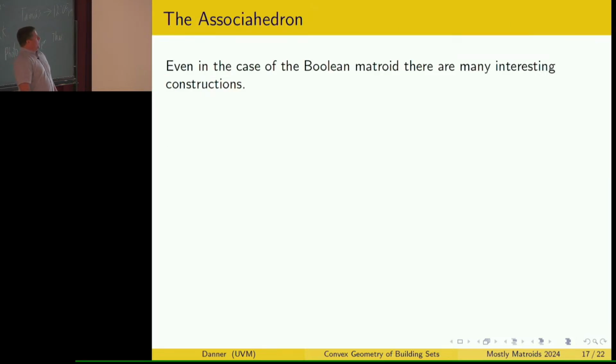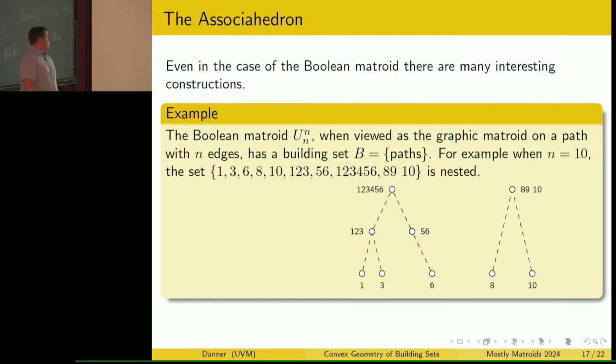So even in the case of the Boolean matroid, there are many interesting constructions happening here. Take the Boolean matroid, we can take as a building set the set of all paths. If we look at the Boolean lattice as, say, the graphic matroid of the path on 10 edges here, what's the join of 1 and 3? The join of 1 and 3 is {1, 3}, since we're just taking unions in the Boolean case.